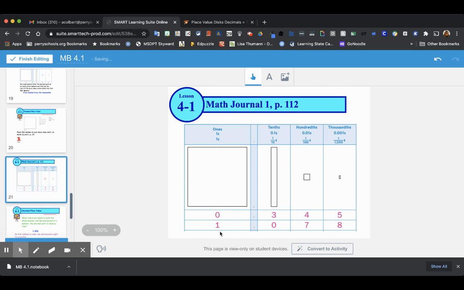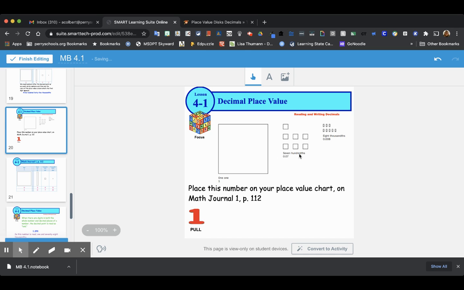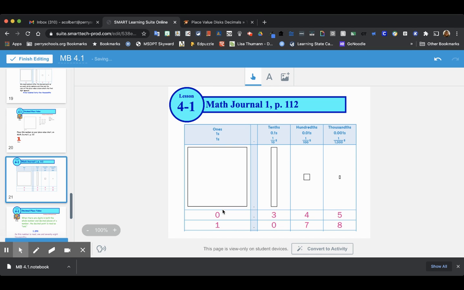So you'll see for that one, we have the 1 in the ones place. We have a 0 in the tenths because when we look back, they did not give us any tenths. They gave us hundredths and they gave us thousandths, so we need to put a 0 in that place. They gave us 7/100ths and 8/1000ths.